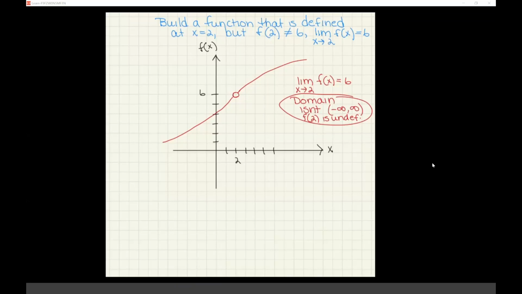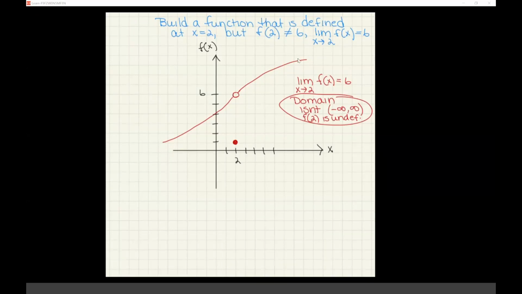What do you think? Why not? How about f of 2 equals 1? We've seen graphs like this all the time. This is a piecewise graph.